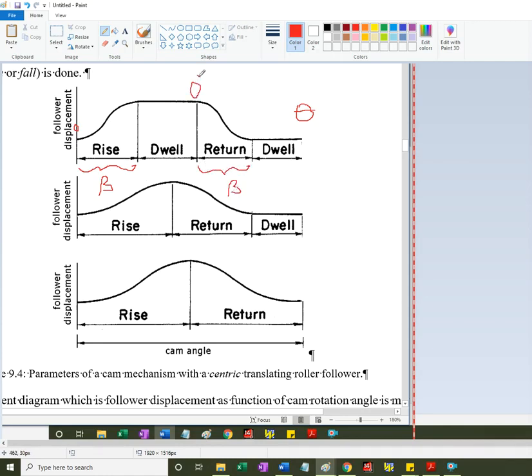Theta star in the table is assumed to be equal to 0. So how do you get theta star from theta? Theta star is 0 at this position, and increases until you get beta at the end of the return.